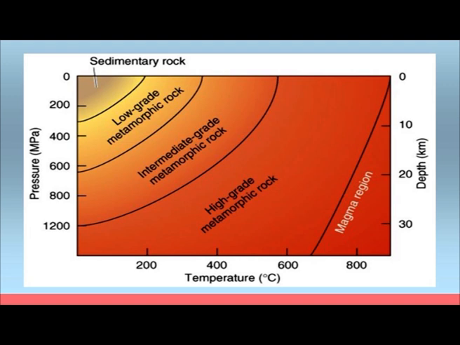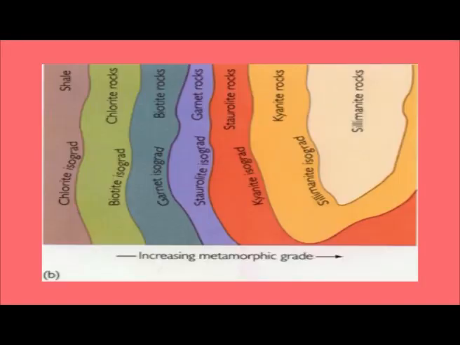Another term, isoreaction grade, is sometimes used when similar reactions, as indicated by the mineral assemblages at different places in a metamorphosed area, are clearly understood. In practice, an assemblage of index minerals rather than an individual mineral is used for drawing an isograde.